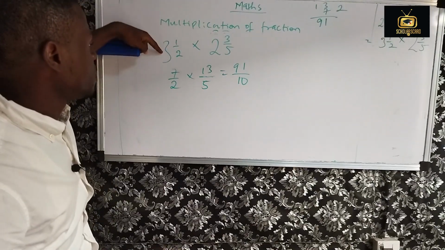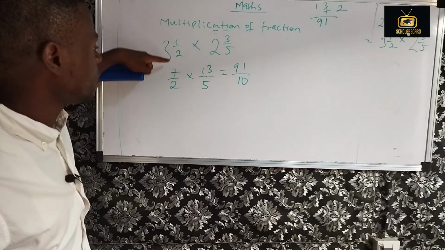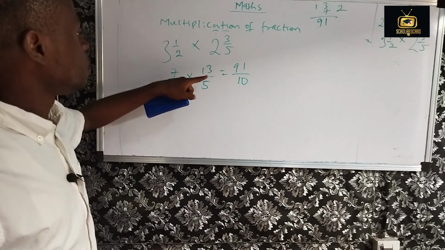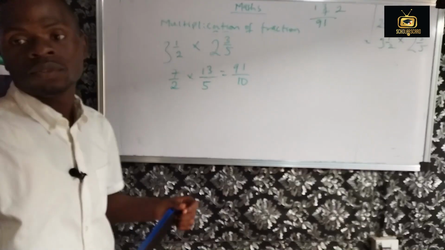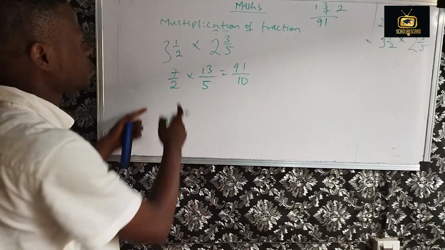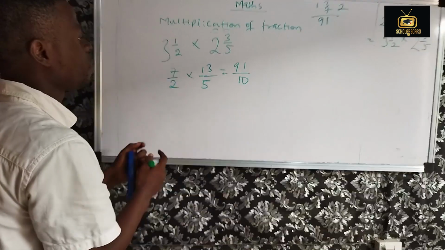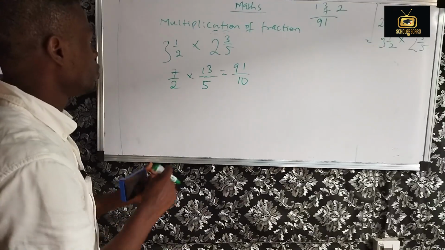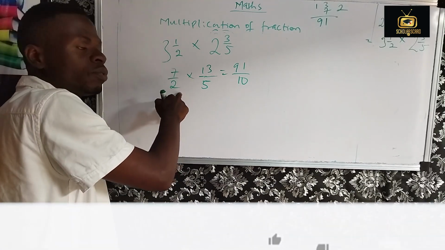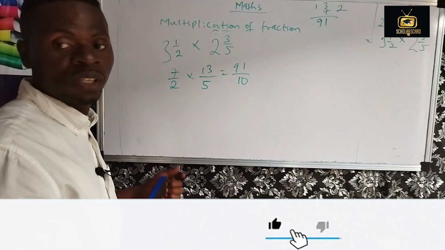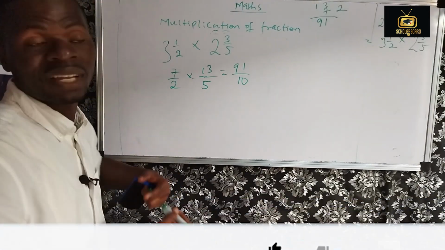That is, 3 times 2 is 6, plus 1 is 7 over 2. Then 2 times 5 is 10, plus 3 is 13 over 5. So we have converted them to improper fractions now, because this is 7 and this is 2. 7 is bigger than 2, so we cannot leave our answer that way, because 2 cannot carry 7.